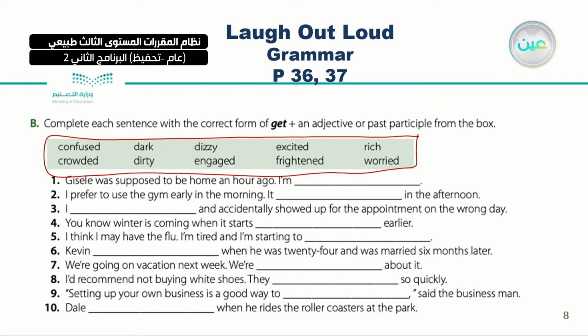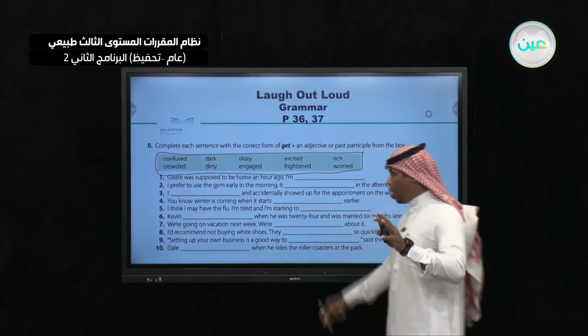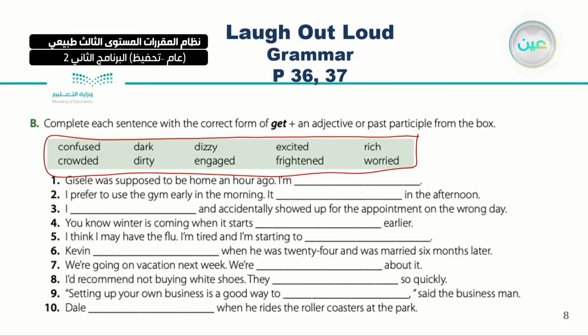We have confused, crowded, dark, dirty, dizzy, engaged, excited, frightened, rich and worried. All of these words may be new to you, but I will help you understand what they mean.